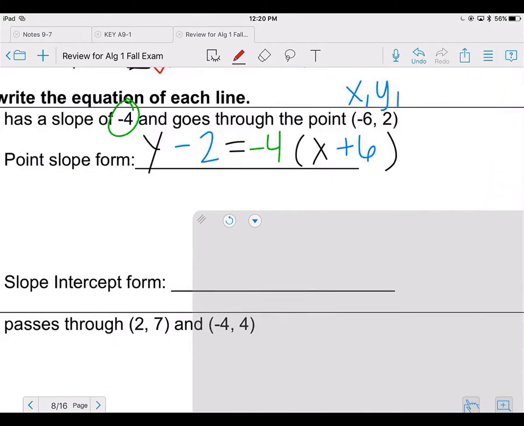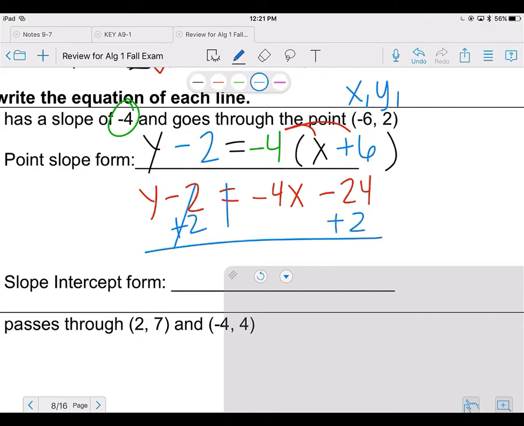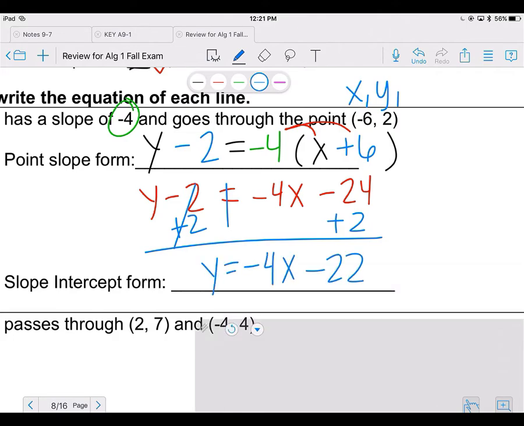From here, to turn it into slope-intercept form, I distribute negative 4 times x, negative 4 times 6, and leave the left side the same. Then add 2 to both sides, only to the numbers. So my slope of negative 4x stays the same, and my y-intercept is negative 22.